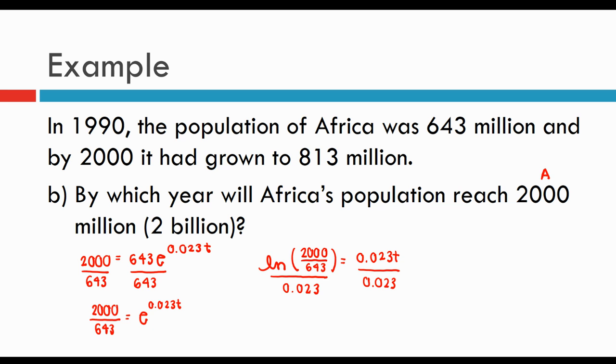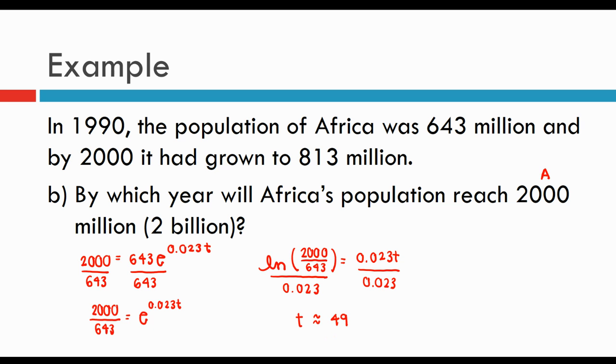All right, so carefully type this into your calculator. So natural log of 2,000 divided by 643, close the parentheses, then divide by 0.023. Okay, we do have a decimal. It's 49.33729284. So that means that our time is going to be approximately 49 years.